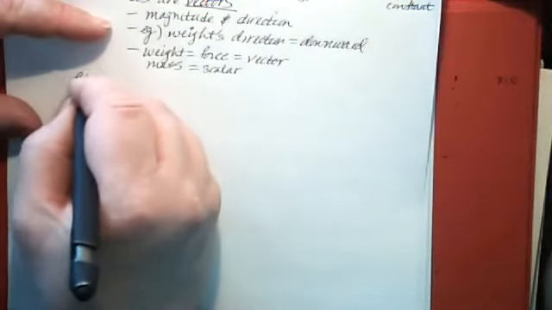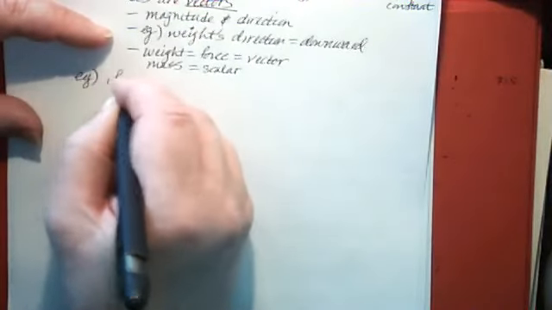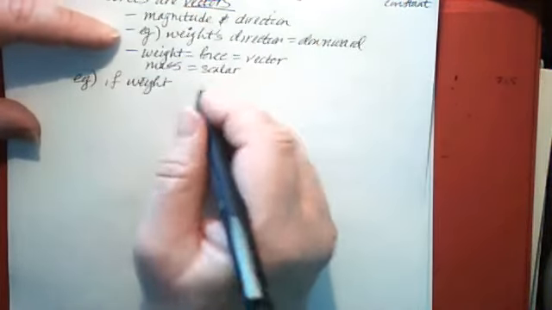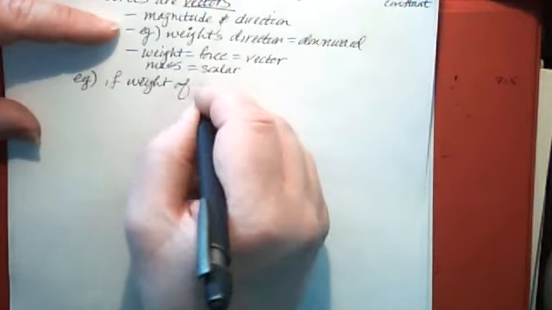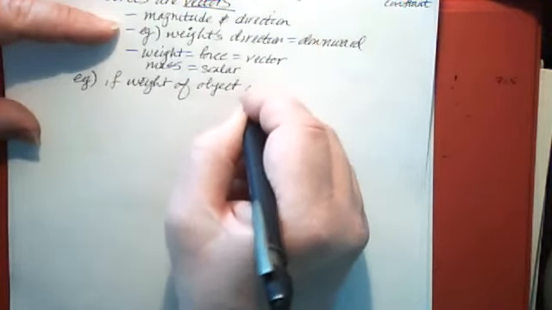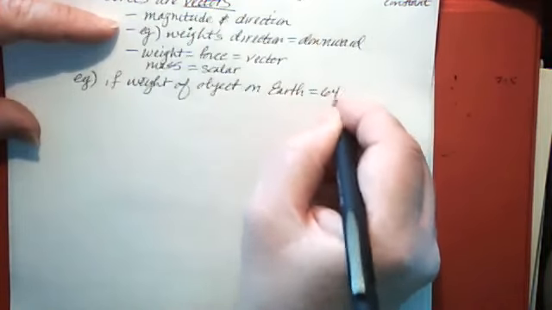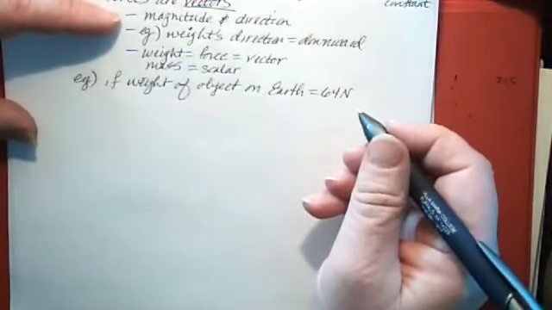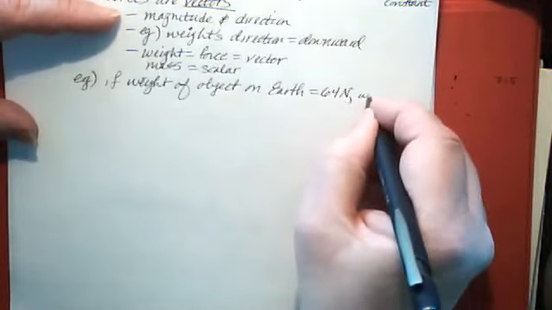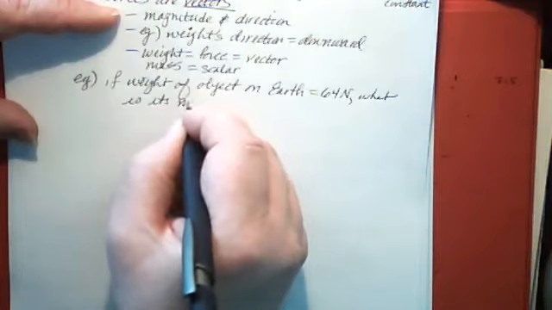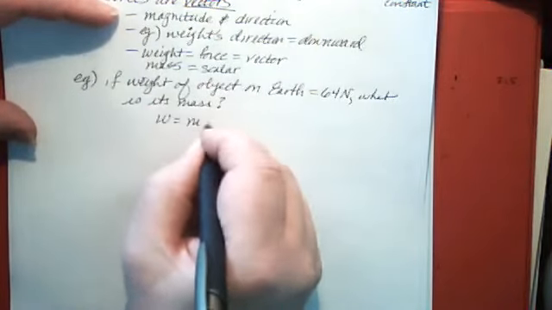Okay, so we could look at an example. If the weight of an object on Earth is 64 newtons, what is its mass? Well, weight is equal to mass times gravity.